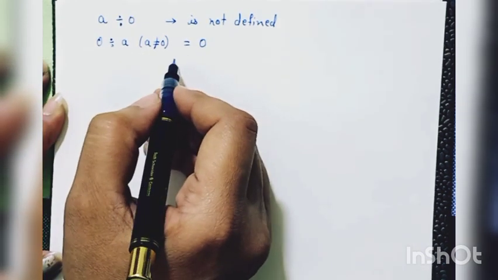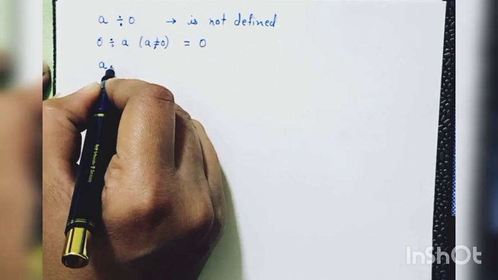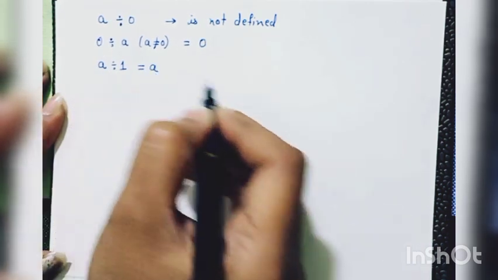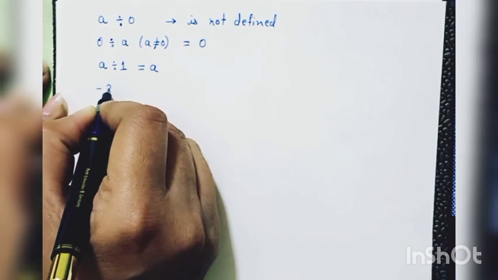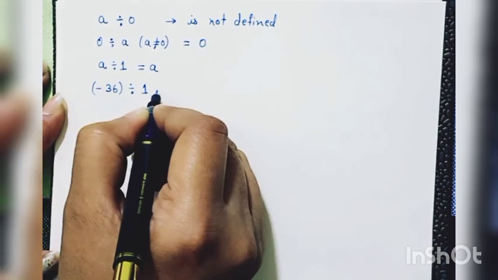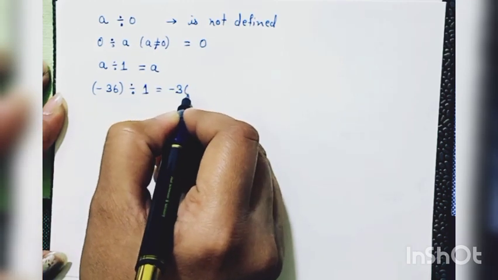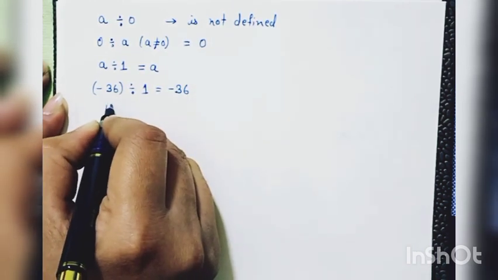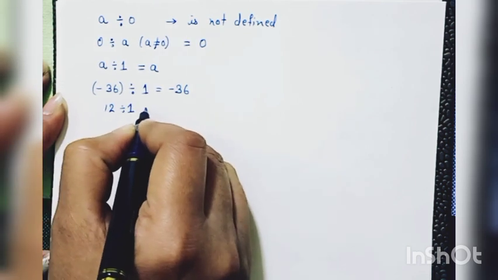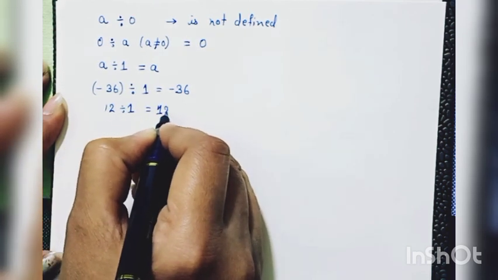In another case, if I divide a by 1, the answer will always be a. For example, if you take minus 36 and divide it by 1, we have the answer minus 36. Or I take a positive number, 12 divided by 1, so again we have the answer 12.